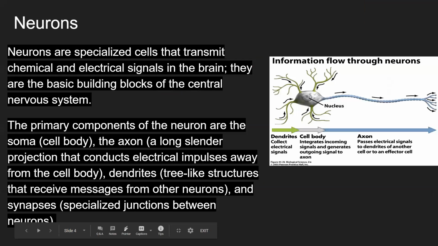And neurons. Neurons are specialized cells that transmit chemical and electrical signals in the brain. They are the basic building blocks of the central nervous system.